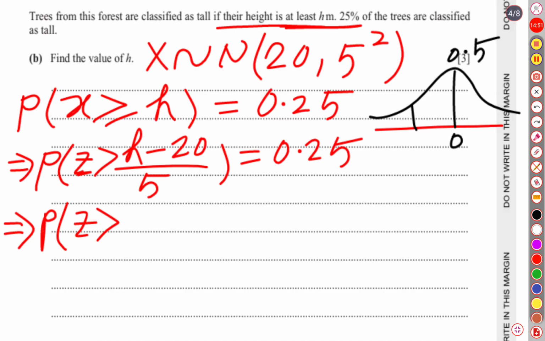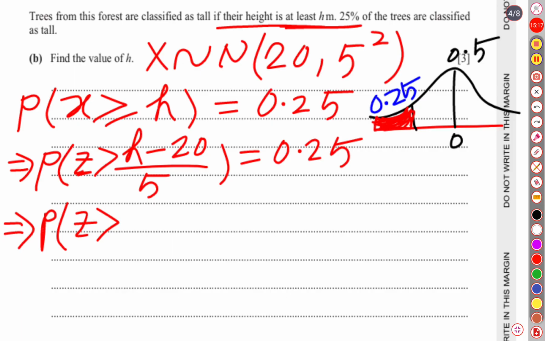So 0.25 may fall over here. This is our probability because it's very tiny. Okay, 0.25, and here z score is what, h minus... let me write here 0.25 with different ink. This is 0.25, that is 1/4 of the whole graph.